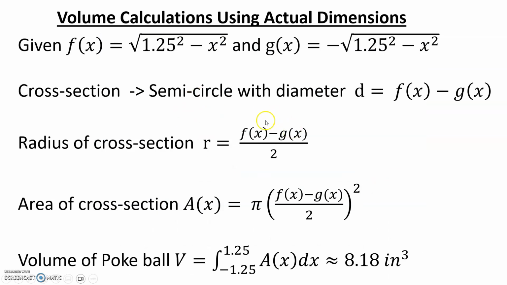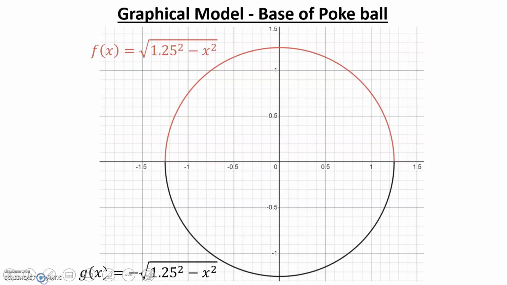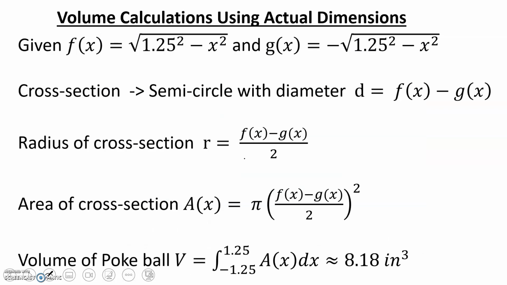So I recognized that given my f of x and g of x, that one cross section would be a semicircle with the diameter being the difference of f and g, right? So that means my cross sections will go this direction, right? Perpendicular to my x-axis and popping out of the screen at me in this 3-dimensional manner.